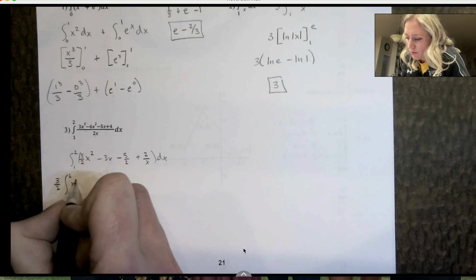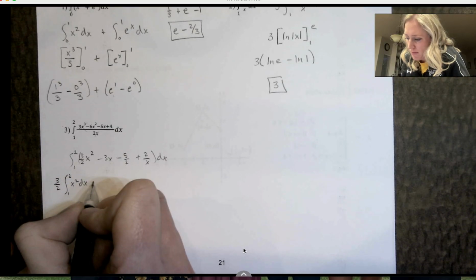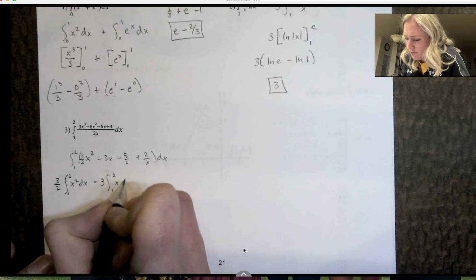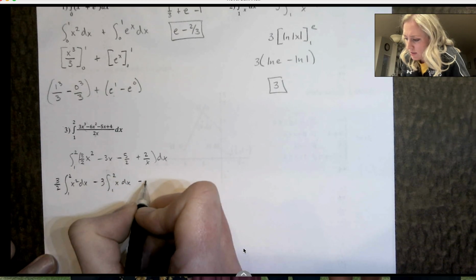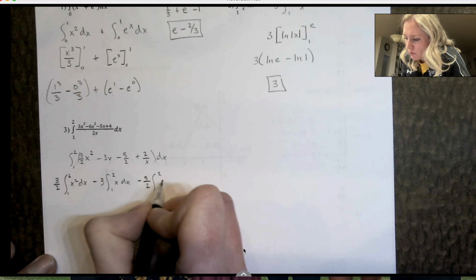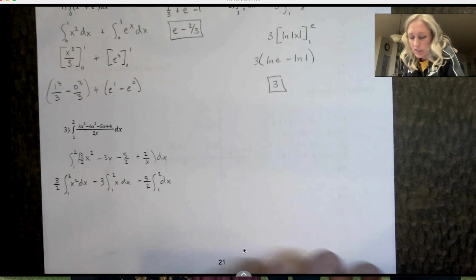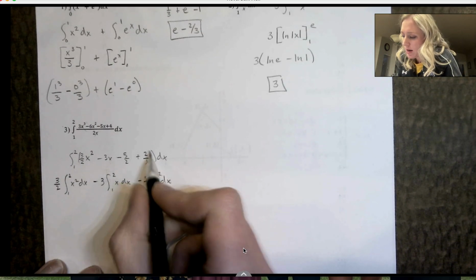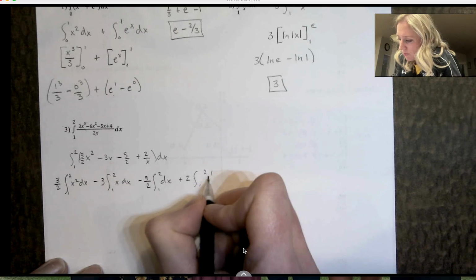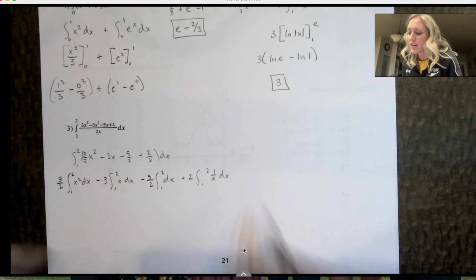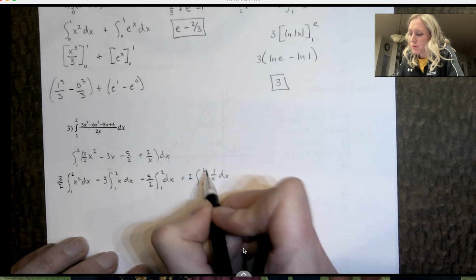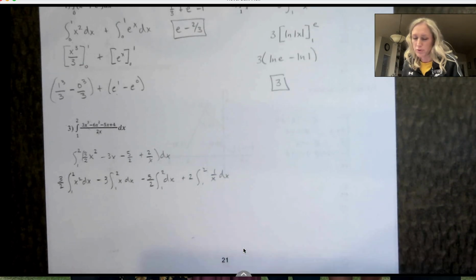And then we've got x squared dx minus, pull out that constant multiple, minus, and then this, you guys might see something like this too, with just the dx, that's like 1 dx, okay? And then pull out the 2, and we've got 1 over x dx. Okay, so that's like applying those properties to every single piece, pulling out every single constant multiple.